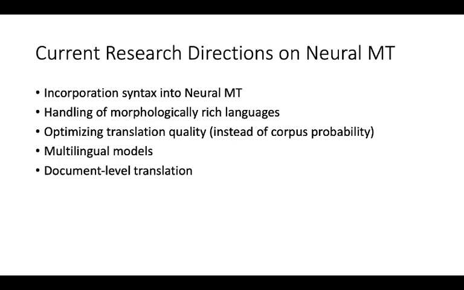Another direction is that we want to optimize the corpus-level quality. Right now we only focus on the sentence level. We want to focus on the corpus-level translation quality.